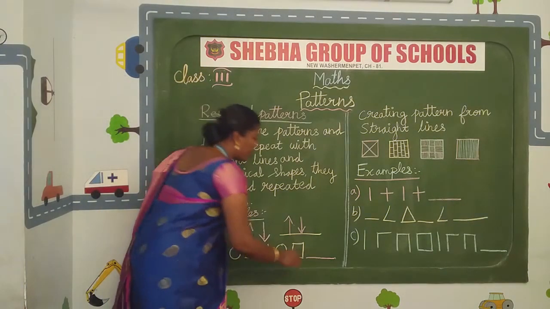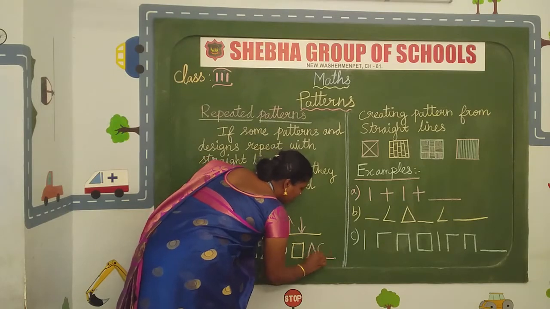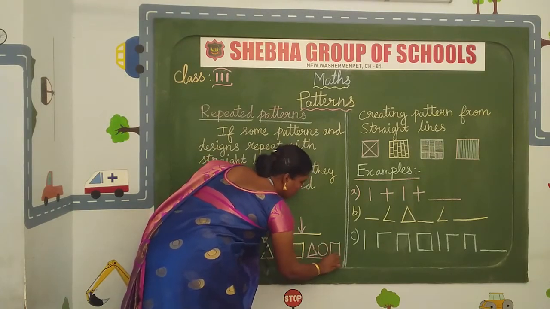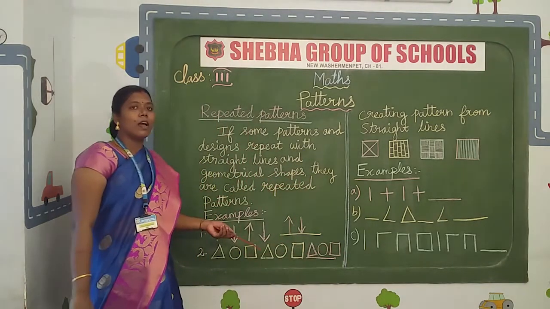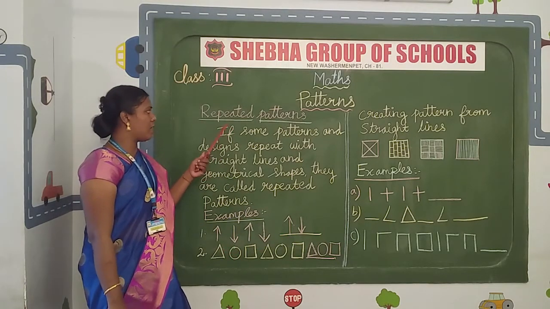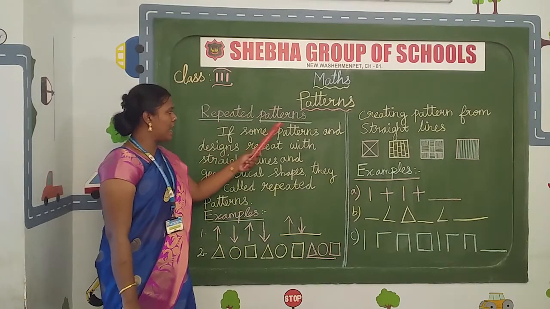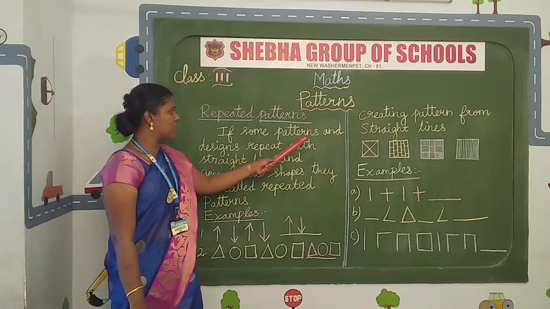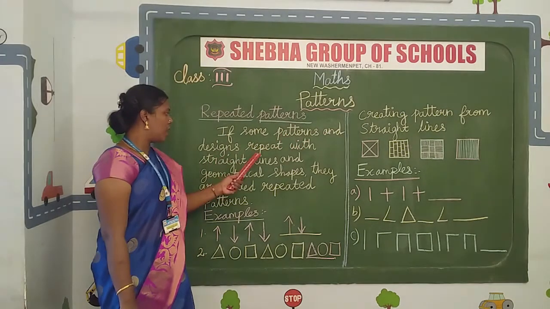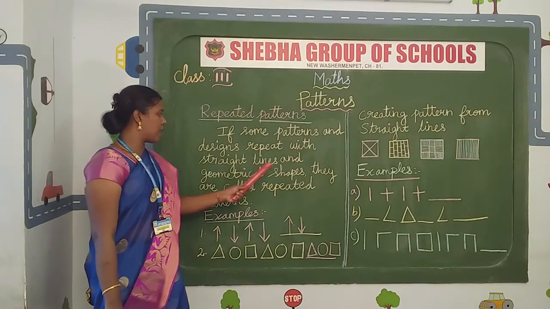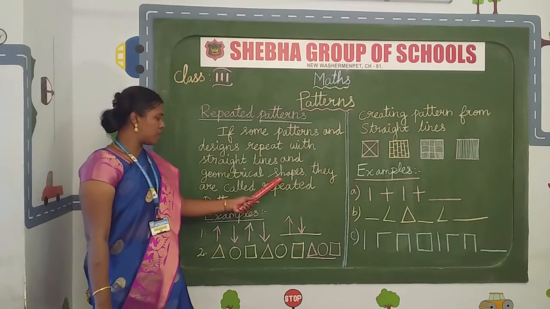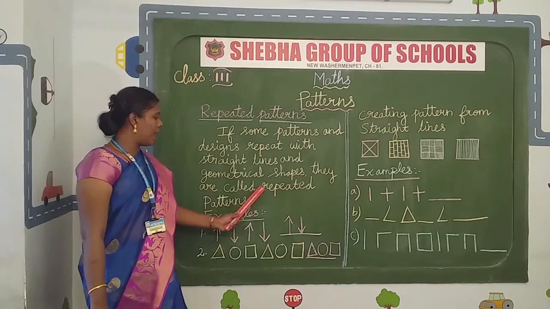Then you can draw triangle, circle and square because it is a repeated pattern. Once again I will tell you, if some patterns and designs repeat with straight lines and geometrical shapes, they are called repeated patterns.